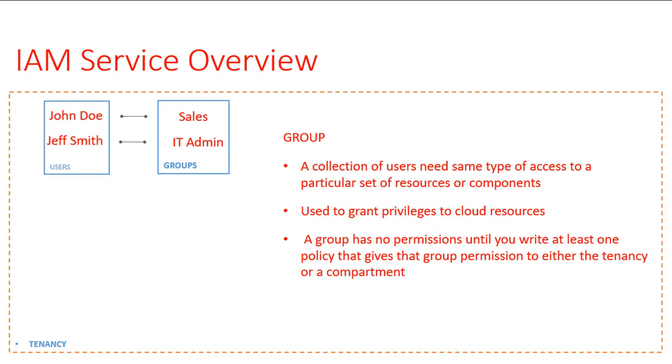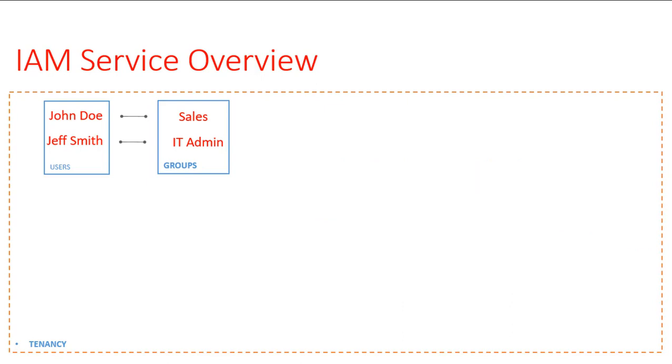A group is basically used to grant privileges to cloud resources. A group has no permission, as we talked about before, until you write one policy that gives the group access.